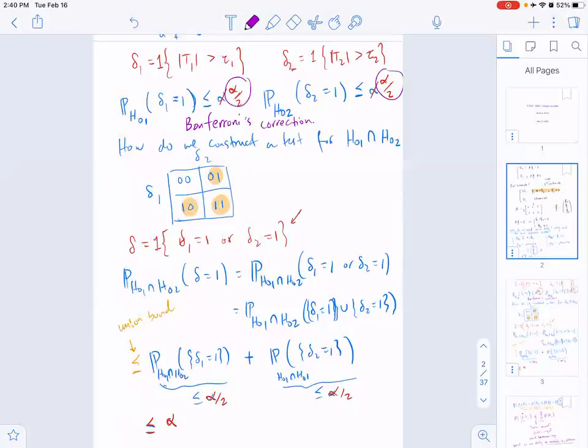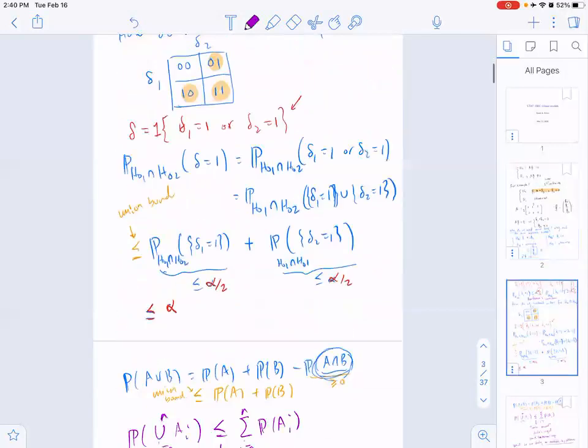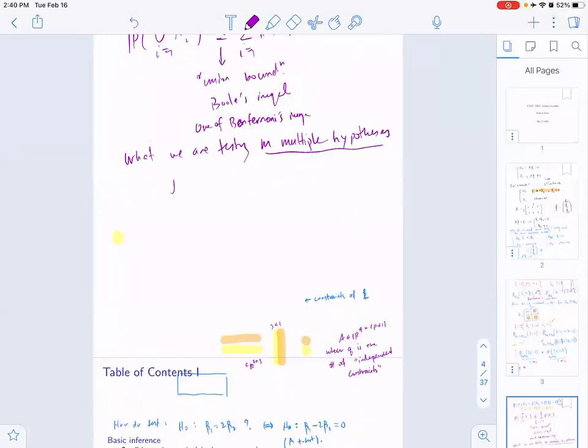Come on, guys. It's just alpha over n, isn't it? Yeah, so it would be alpha over m. Just test individually at level alpha over m.